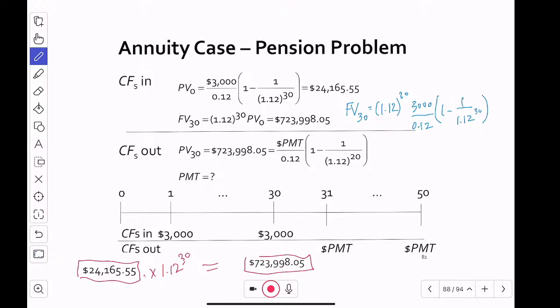And this is really easy to get on your calculator. Let's enter into our calculator 30 and then 12 as the interest rate. Love it, such a high number, 12%. And then we don't want the present value, right?